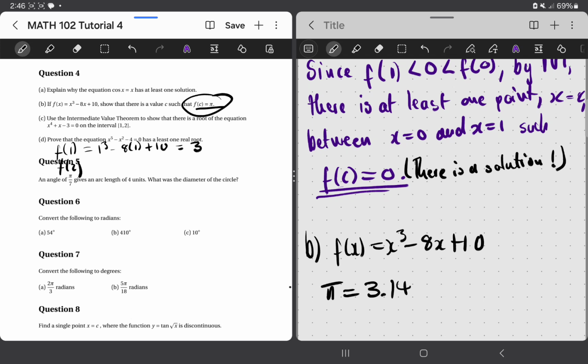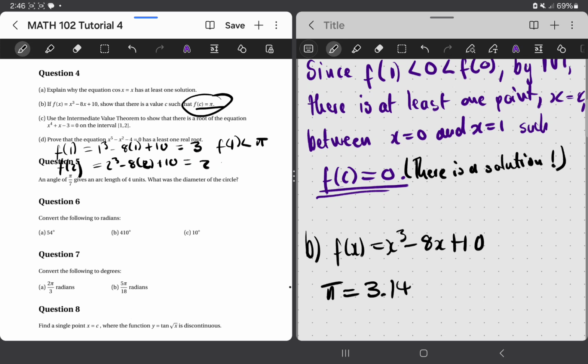What about f of 2? So we can say f of 1 is less than pi. Now we want one which is greater than pi. So what is 2 cubed minus 8 times 2, then plus 10?